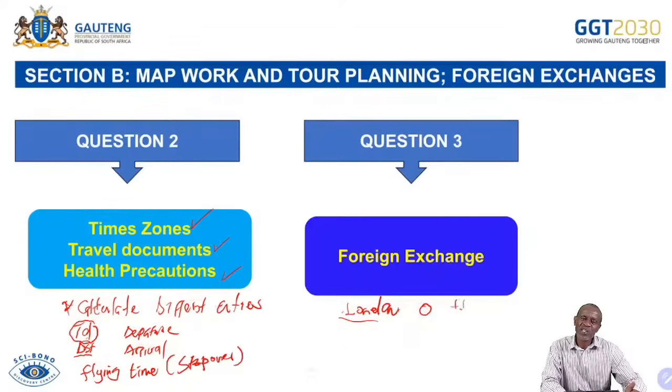As soon as you move from one timeline to the next one, then you know that you have calculated the DST already, and there's no need to add it at the end. So there's no way you are going to get it incorrect if you move a time zone ahead.